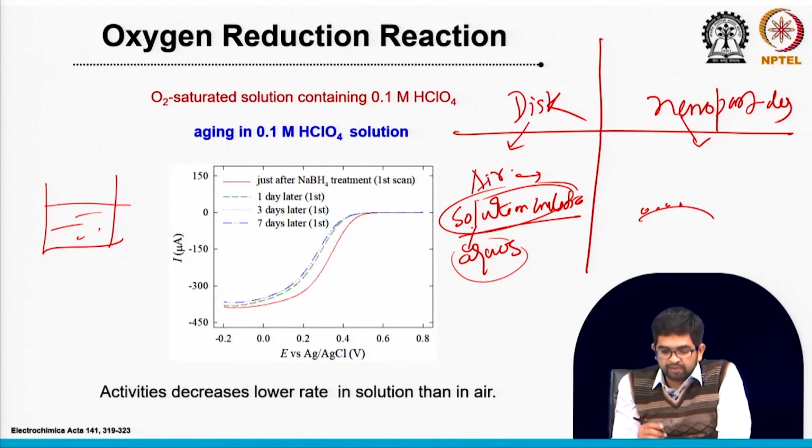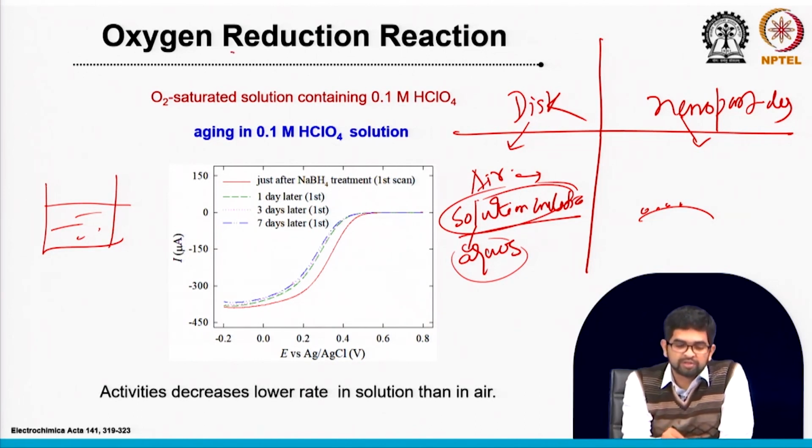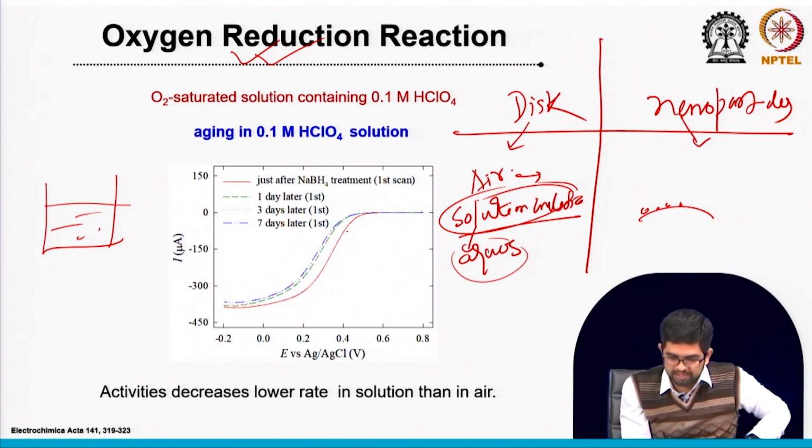Then you can easily decide whether this deactivation is because of contamination or not. And as I told you, we choose the oxygen reduction reaction because it's very rapid for platinum, and if there is any small change of contamination or small deactivation, you can easily see this change.